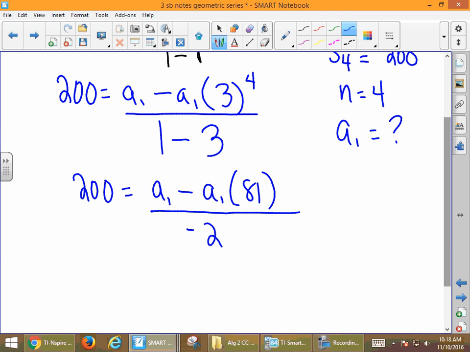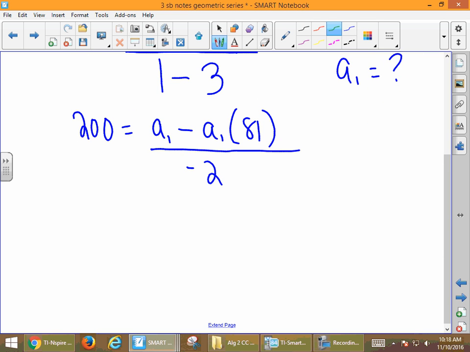Our goal is to solve for A sub 1. So let's multiply both sides of this equation by negative 2.